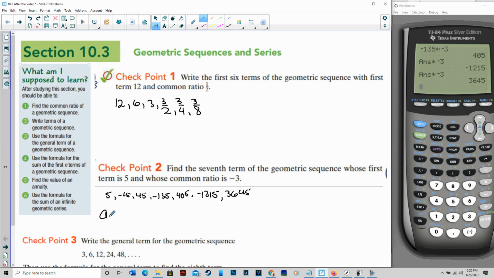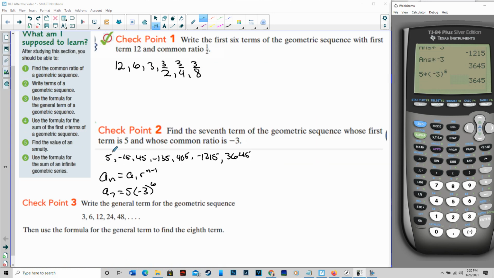Now we also could have used a sub n is equal to a sub 1 times r to the n minus 1. So a sub 7 is equal to, a sub 1 is 5, and then we're multiplying by -3 each time, and to the n minus 1, that'd be to the 6th. So 5 times -3, and we need to use parentheses, -3 raised to the 6th, and you can see we get the same exact answer.